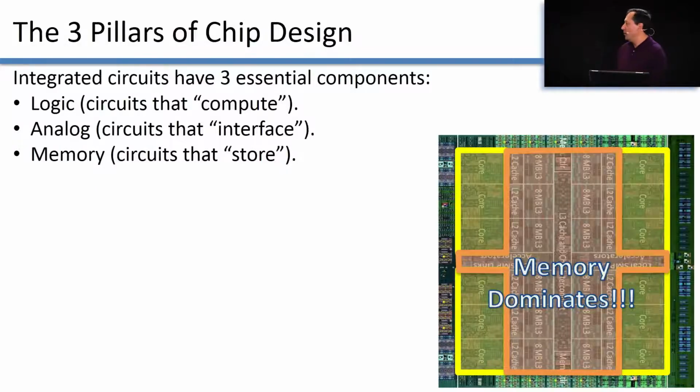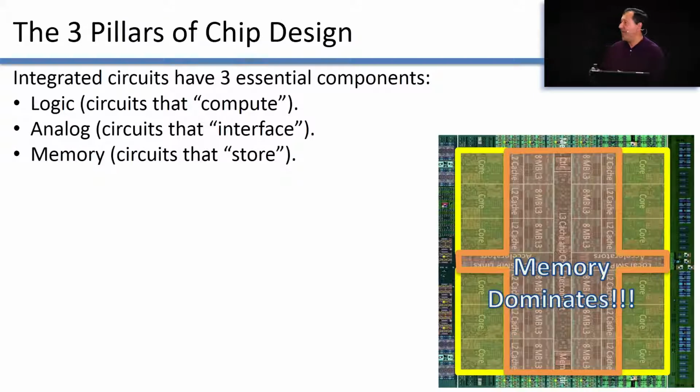So I will start with my first life, my VLSI life. You all know what chips are, and when I look at chips, I see three distinct things that happen in those chips. Chips have logic. These are circuits that do some kind of computation.